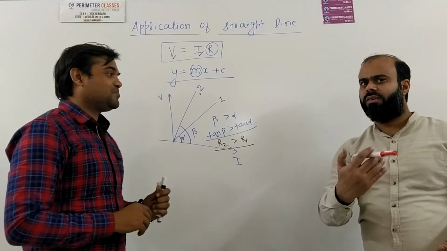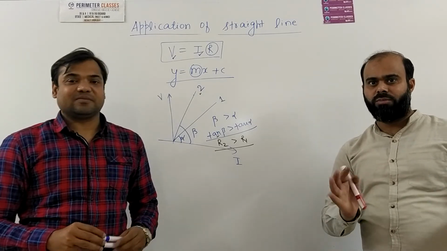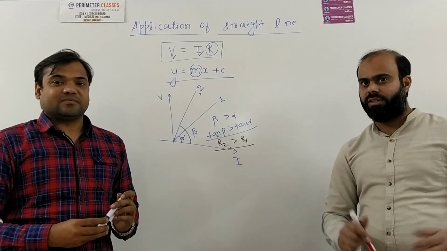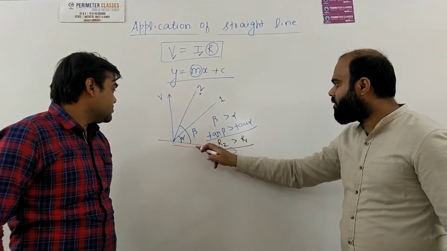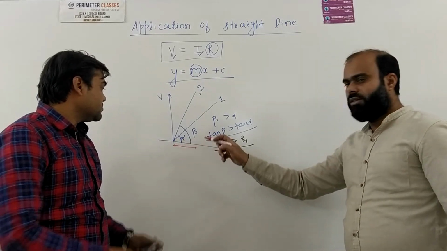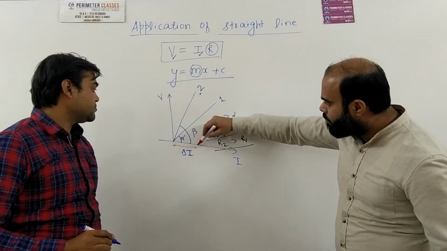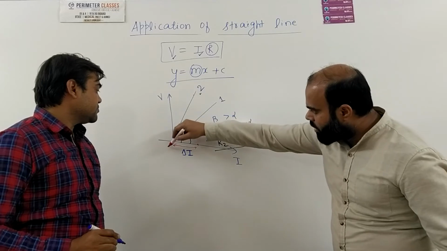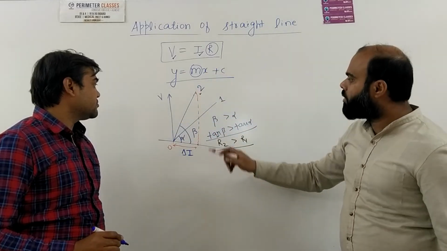In very normal language, if we try to understand what resistance is, it is something resisting the flow of current. If you see here, there is a change in the amount of current, that is delta I. If from this point, the origin, you take a perpendicular here, what will you observe?